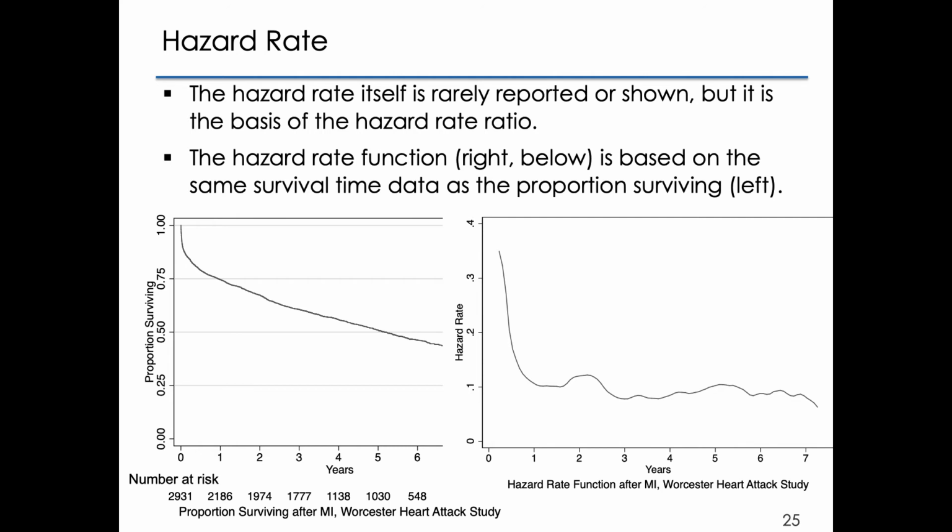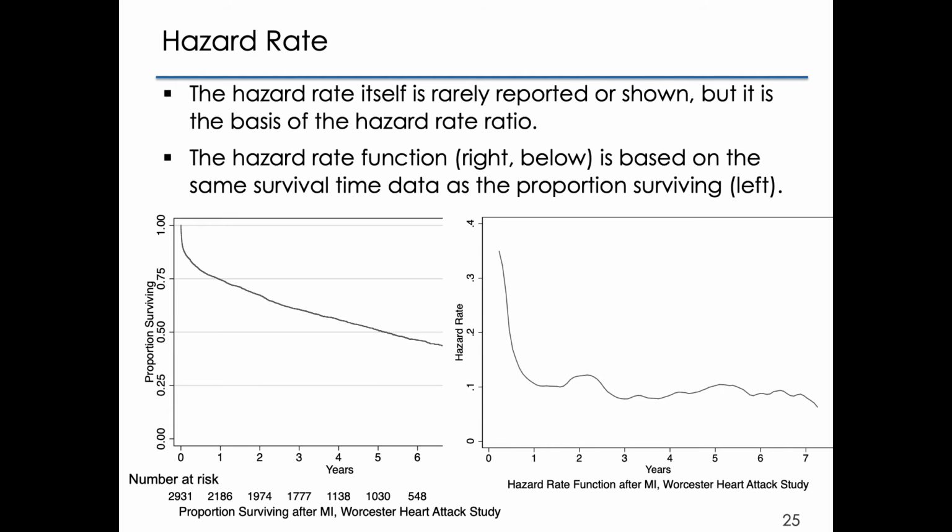So on the right, from the same data, is calculated a different quantity, which is the hazard rate. So it's the time-specific hazard rate. This shows us that very close to time zero, the hazard rate is very high. So the number of events per unit time close to the start of the study was very high, and then that hazard rate dropped and then kind of leveled out at about 0.1 per year for the rest of the years of the study.